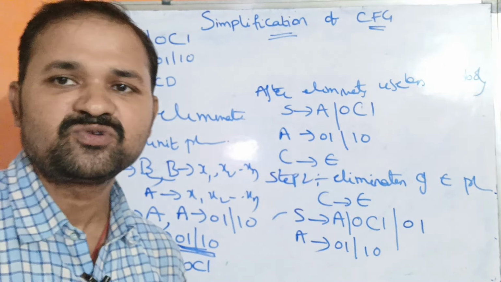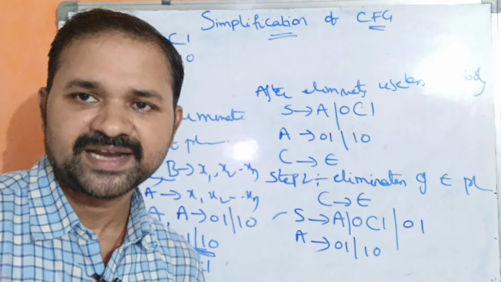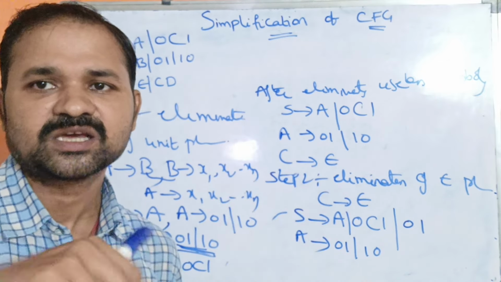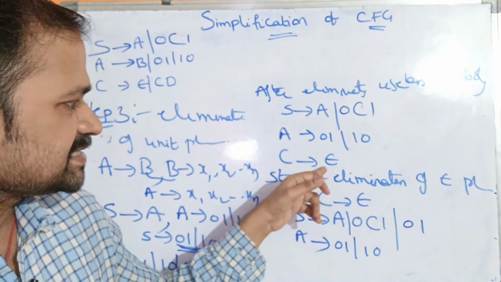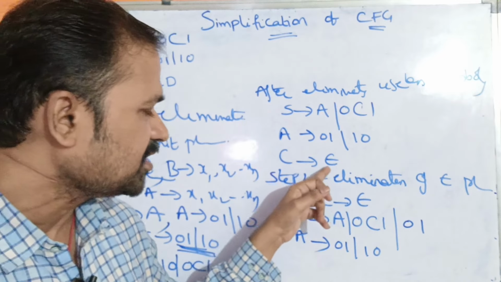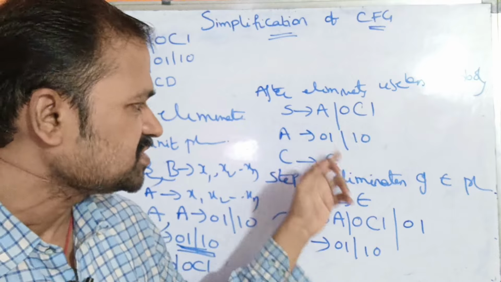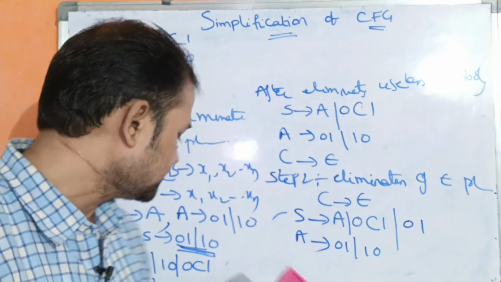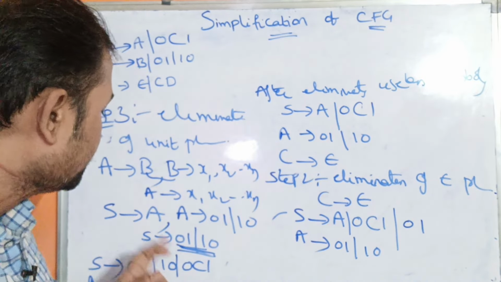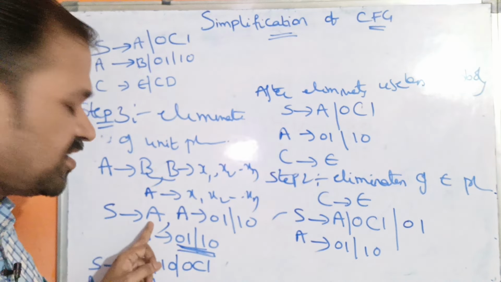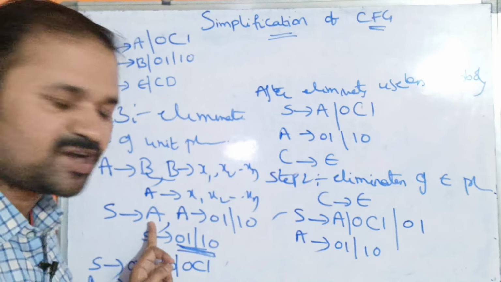We have to search for the non-terminal in the right hand side and in place of that non-terminal substitute epsilon. Here this is C implies epsilon. In order to eliminate this one, we have to search for C in the right hand side, and in place of C we substitute epsilon. And the last one is elimination of the unit production. Here this is the unit production: left hand side contains one non-terminal, right hand side contains one non-terminal.